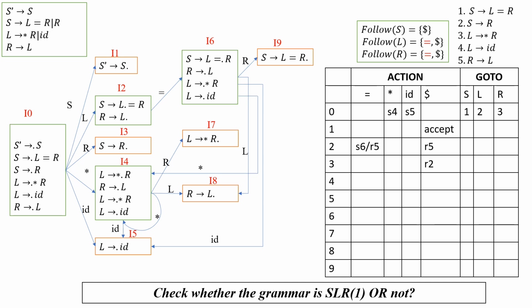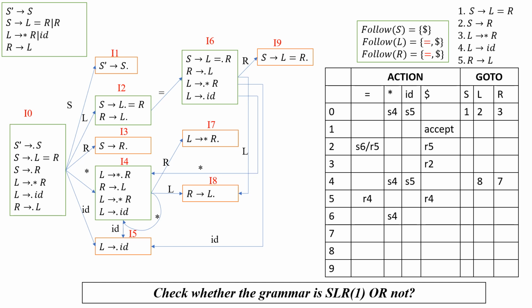And in I4, on star itself, on ID S5, on L 8, on R 7. From state I5, only a final item, so the production number is 4. Hence R4 should be placed where? In the follow of L.